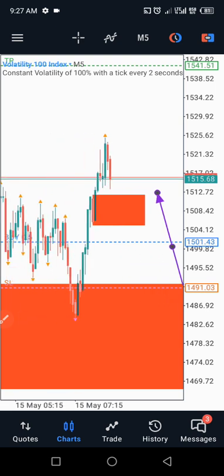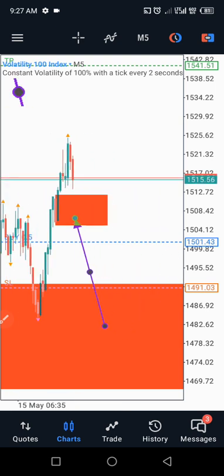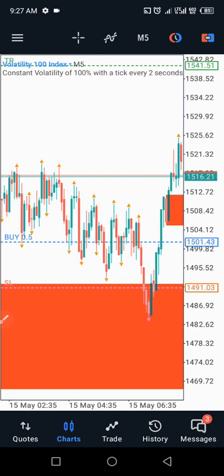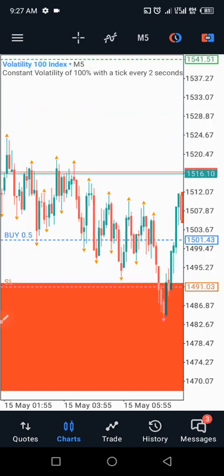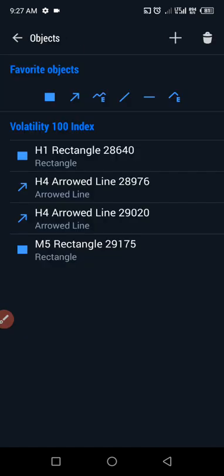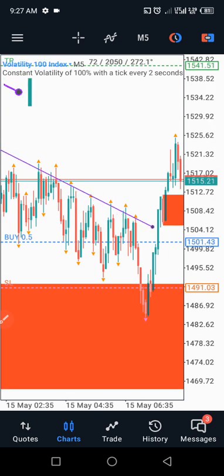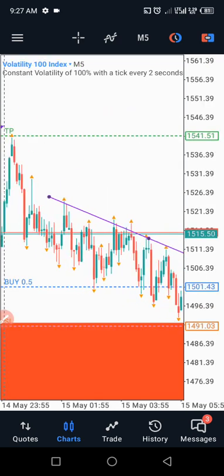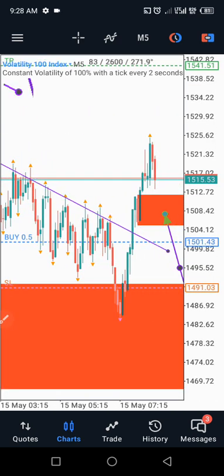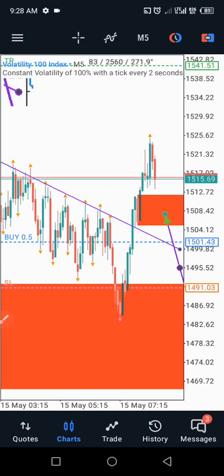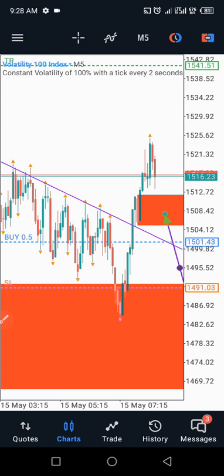So I don't expect price to break below this order block, because this is a trend line now. This is a trend line liquidity sweep. So I don't expect price to come back. Price is kind of coming back to test that level.